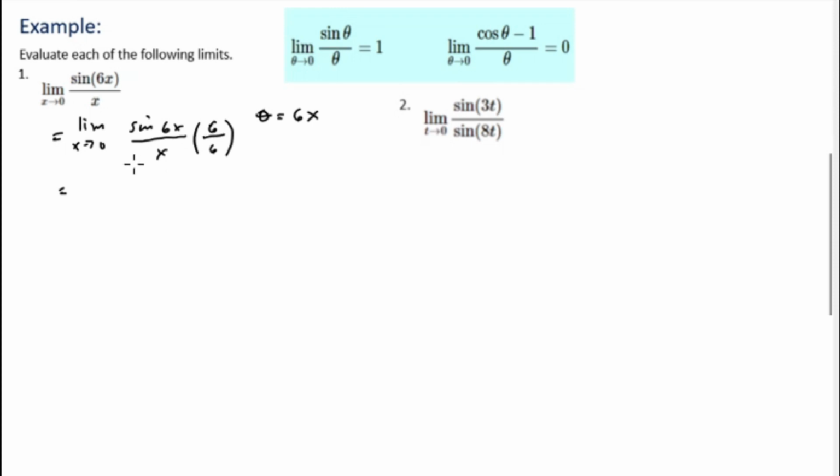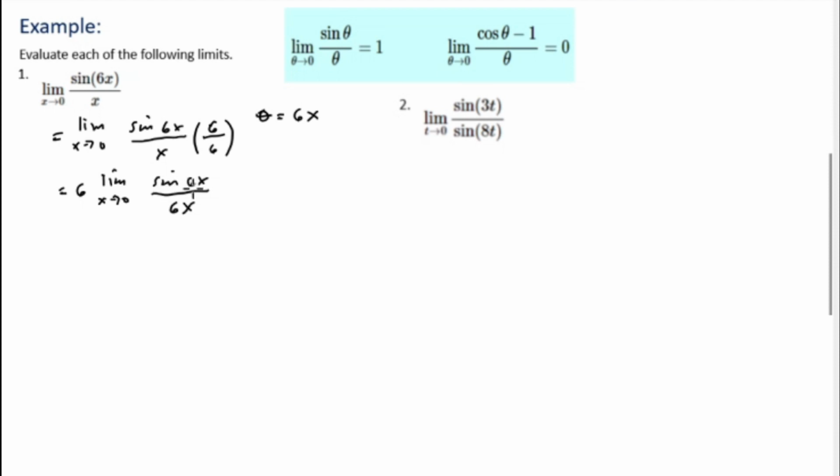Extract the numerator 6, and the limit of x approaches 0 of sine 6x over 6x. Based on the limit of sine theta over theta, where theta approaches 0, is equal to 1, we have theta as 6x.